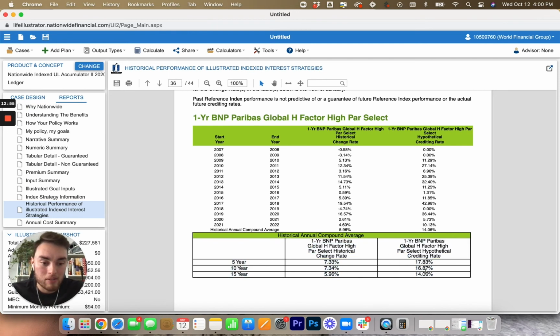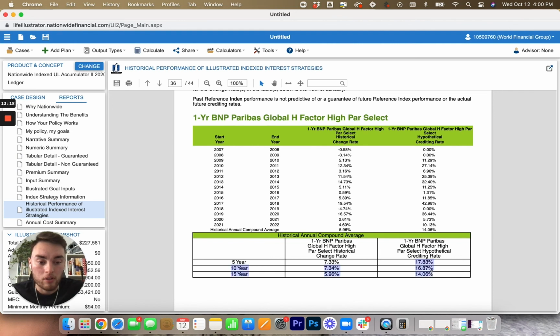This box right here is showing 220% participation. And so the illustration, the fees that I just showed you, are showing these numbers at 100% participation, at that 7.07% maximum permitted illustration rate.